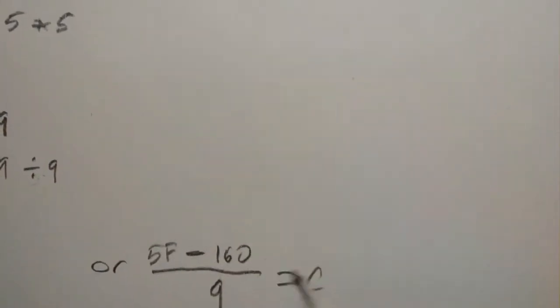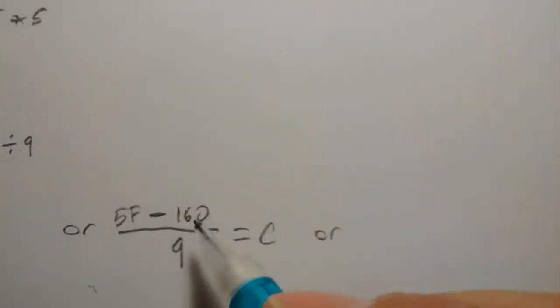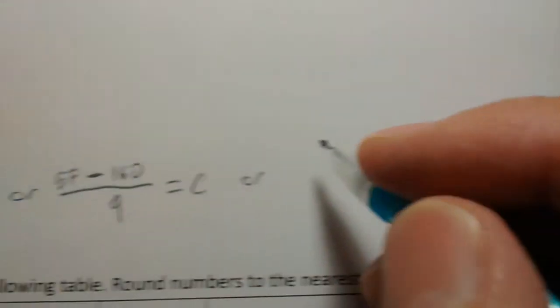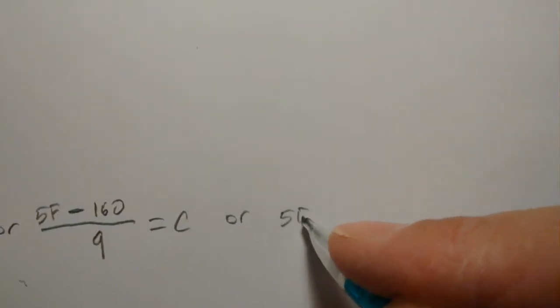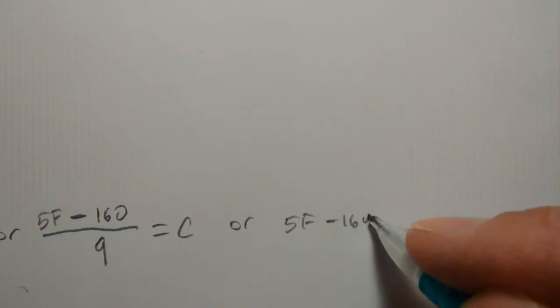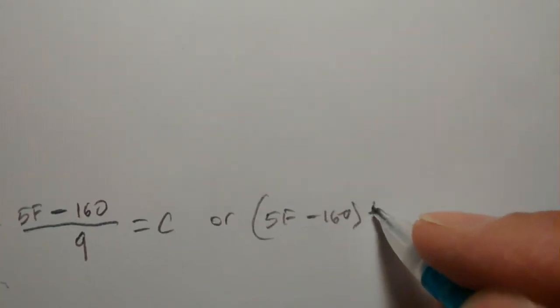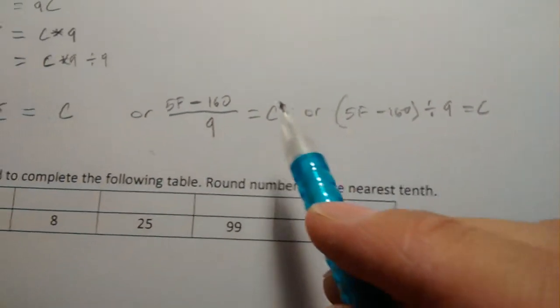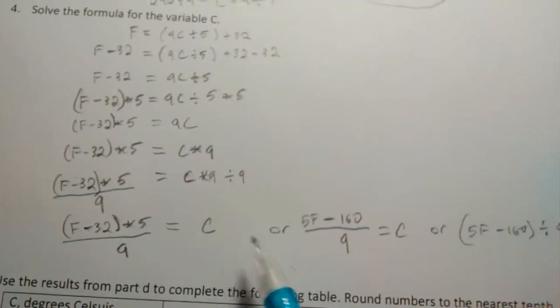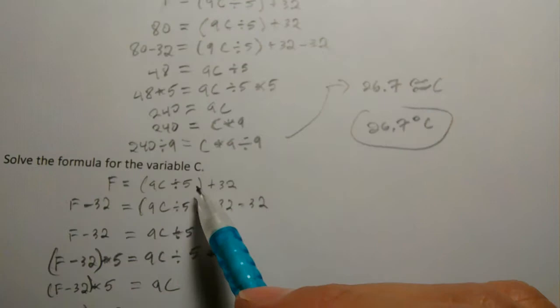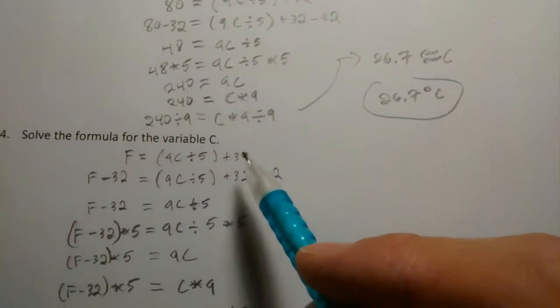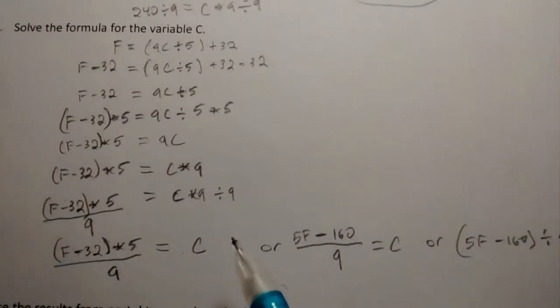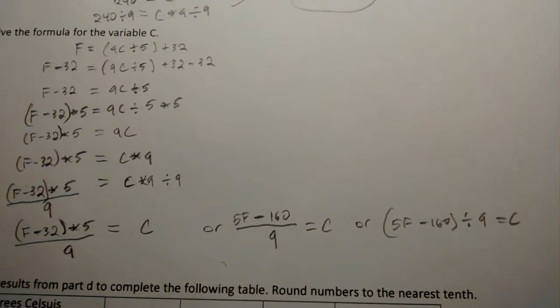It looks a little bit better. Or you can not use the division bar and write the left side this way, 5f minus 160 in parentheses divided by 9 equals c. So either one of those versions. Either one of these is equivalent to this, and again I'll show you why we actually would do this in the next video.